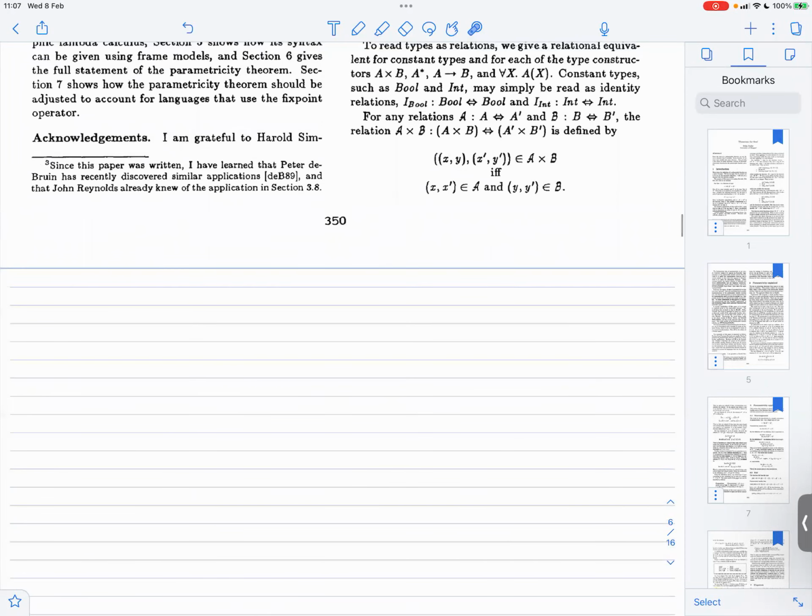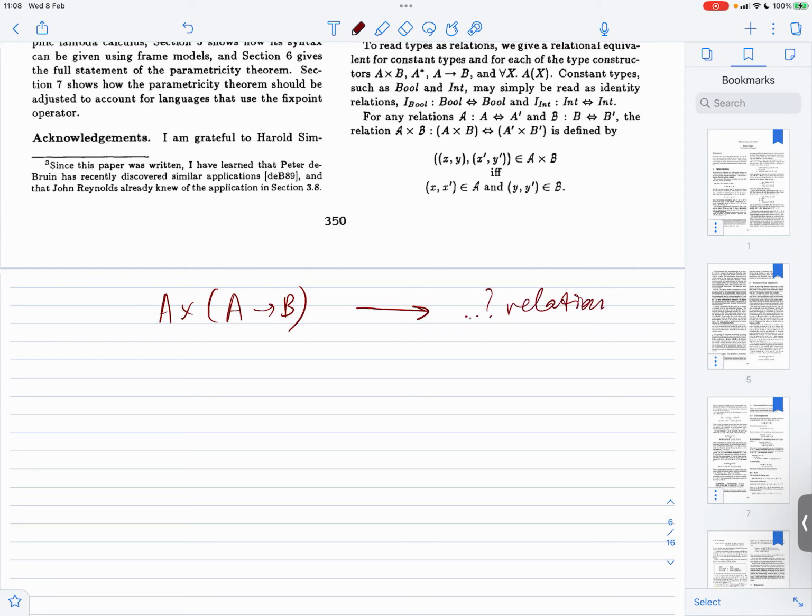For example, I have a type such as a times a function a to b. So how do I translate that into a relation? First of all, what are going to be the types between which this relation is going to be? So this is a type. I'm going to translate that somehow into a relation.